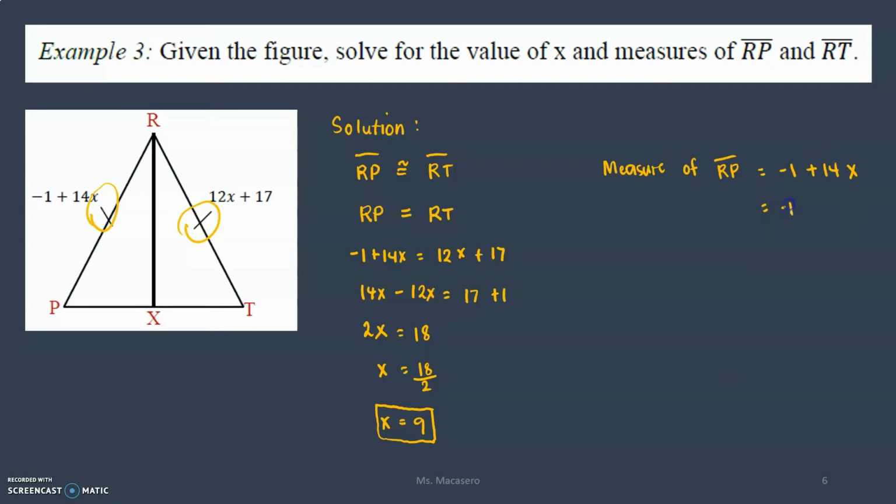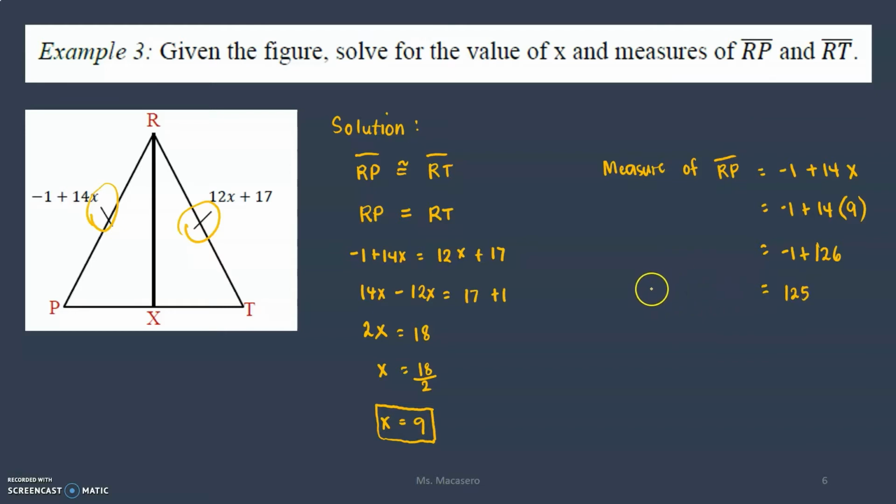That is -1 plus 14 times the value of x, which is 9. 14 times 9 is 126. -1 plus 126, that's 125.